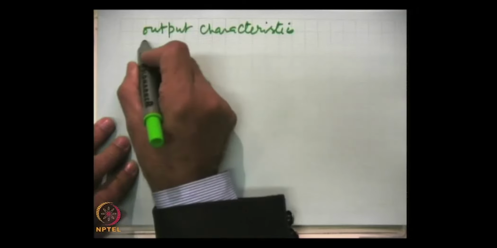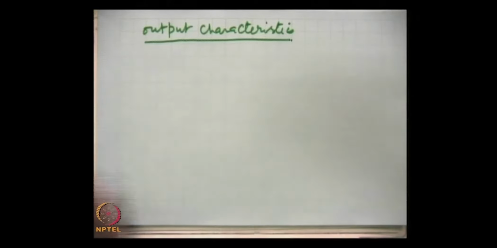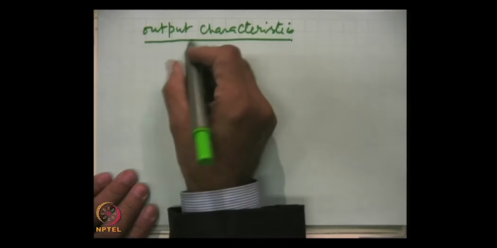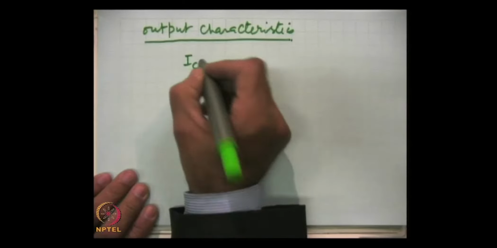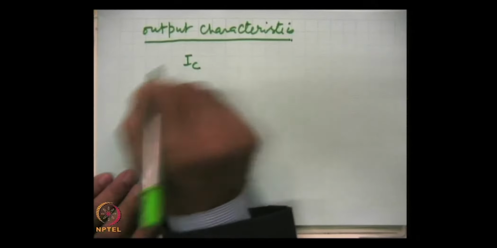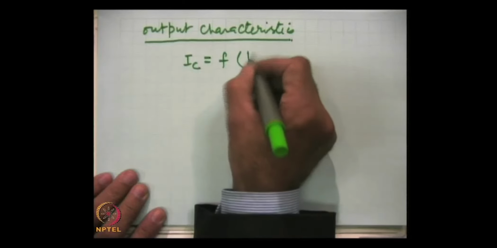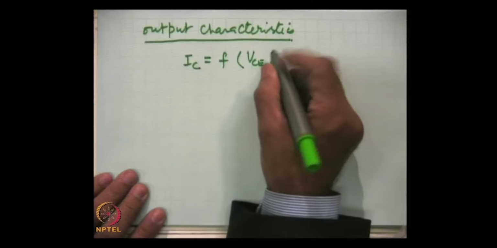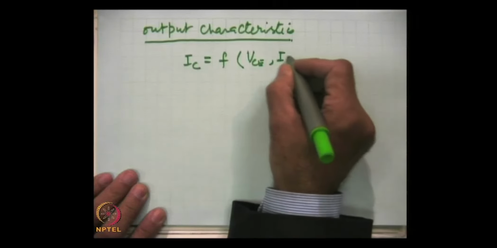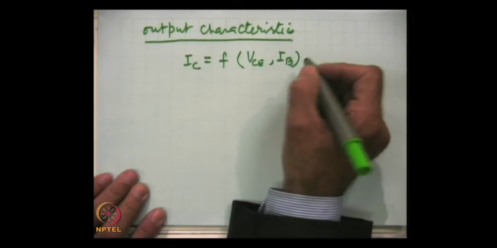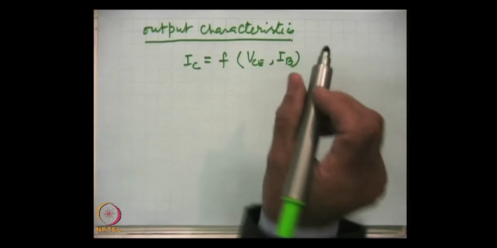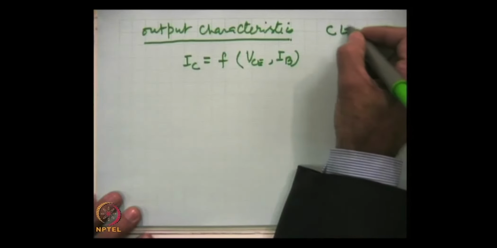The output characteristics. IC, the collector current, the output current, is a function of VCE and of course of IB, and I want to remind you that we are talking of the CE circuit.